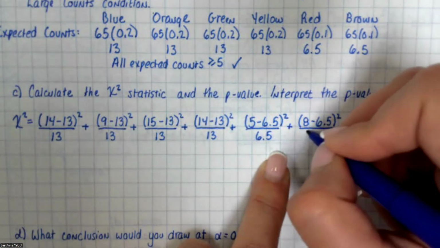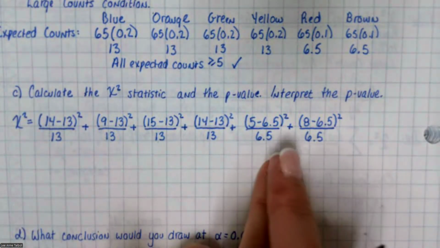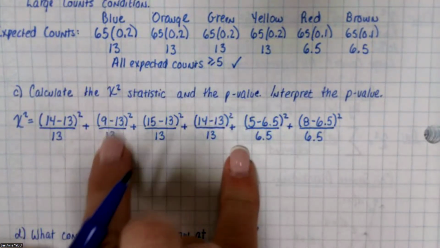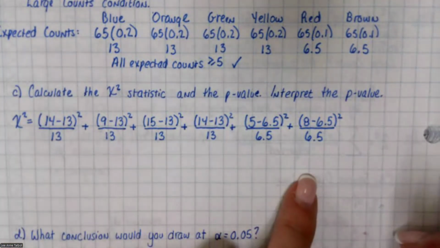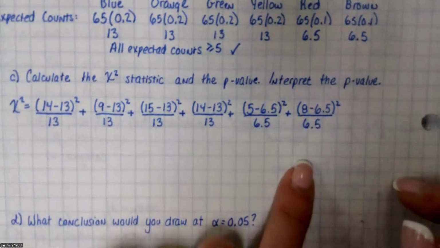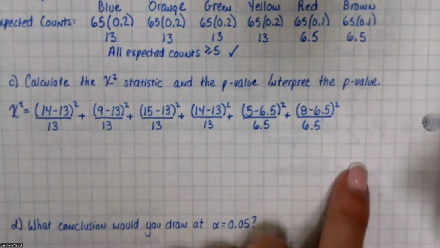What happens when you square these ones down here? No, this one. What happens when you square this one or this one? Makes it positive. Yeah, we like to work with positives in statistics. So chi-square is literally just making them positive.